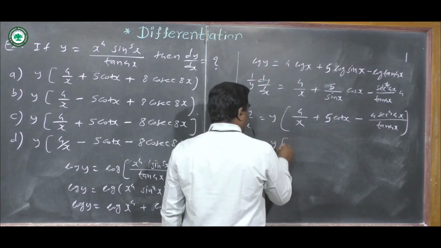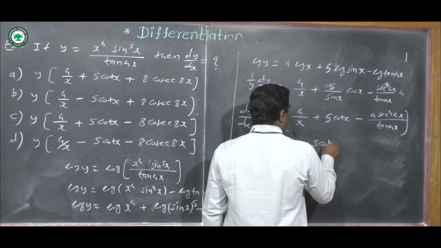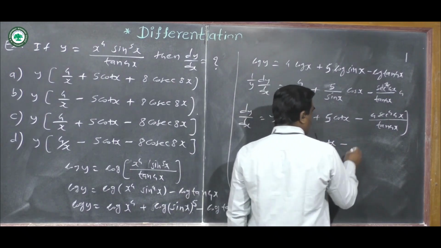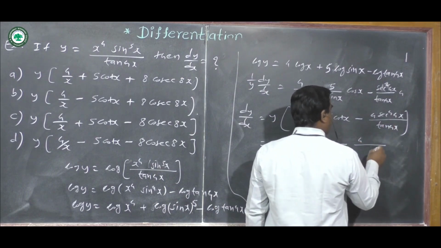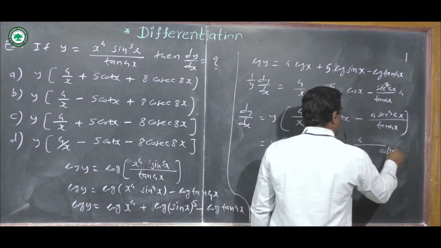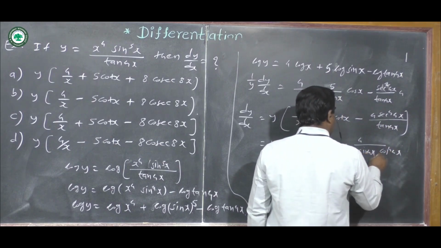That is y into in bracket 4 upon x plus 5 into cot x minus 4 upon sec square of 4x, means 1 upon cos square of 4x. Tan 4x means sin 4x upon cos 4x.